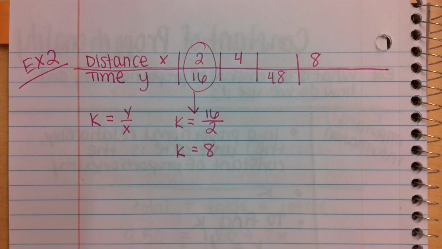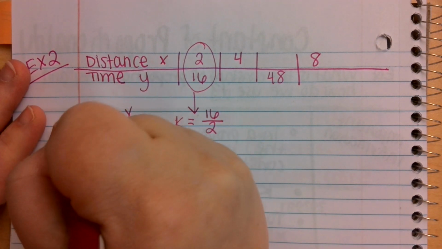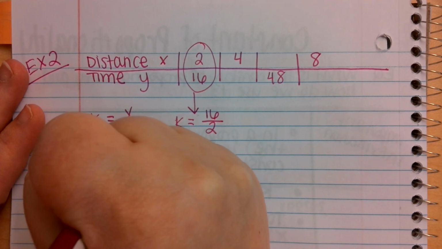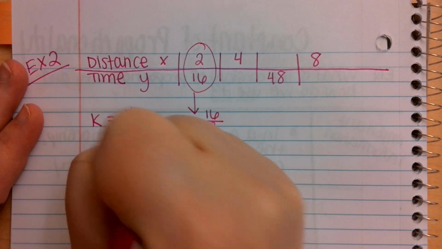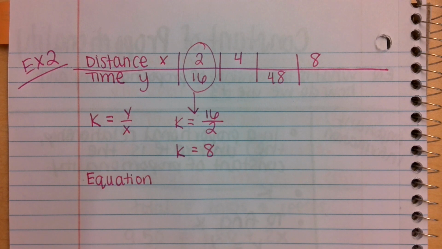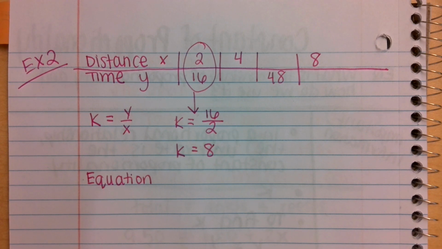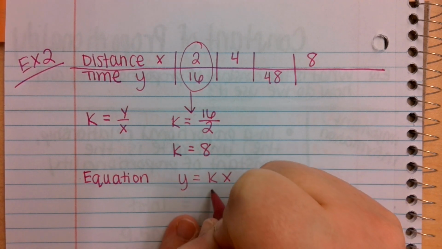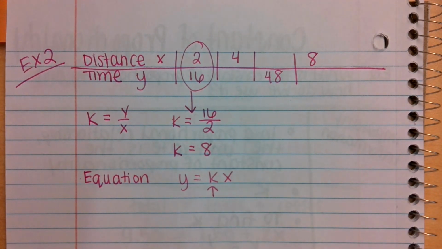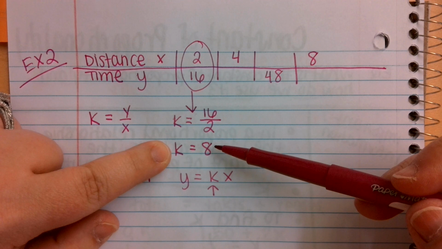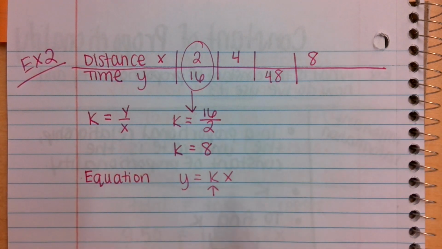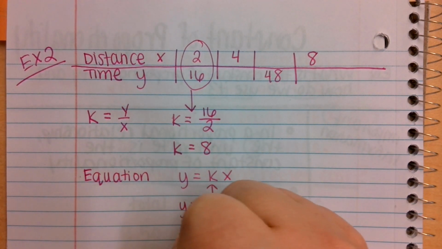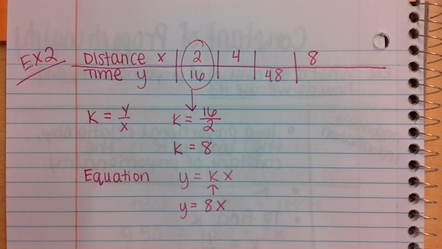Now we're going to need to write the equation. So my equation is going to be y equals kx. The k has to be a number. We figured out the number for k is 8. So y equals 8x.